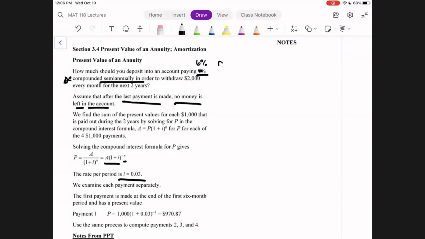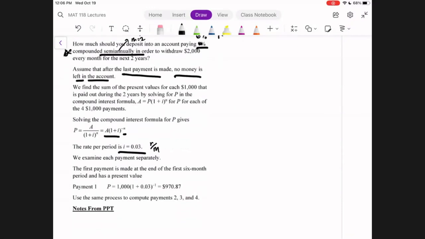And remember, your I is your R over how many times per year. And in this case, semi-annually would mean it would be 2. So if we do that 6%, right? And then they just plug everything in and they get that value of $970.87. Right?